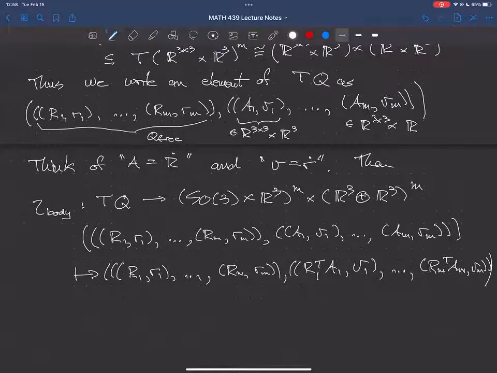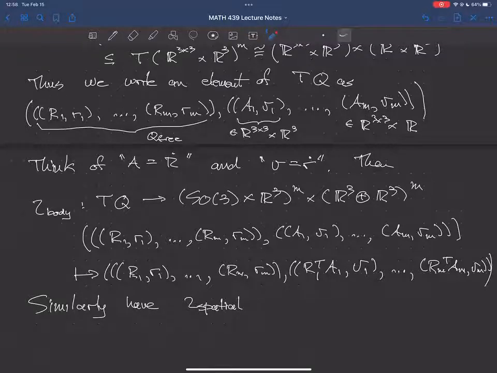Okay, and then similarly, we have iota spatial. And of course, the only difference is that in these components, I'm going to put R transpose, because it's the spatial angular velocity. So this is a lot of stuff, but this is really void of any conceptual content.